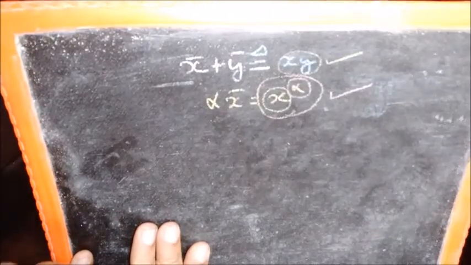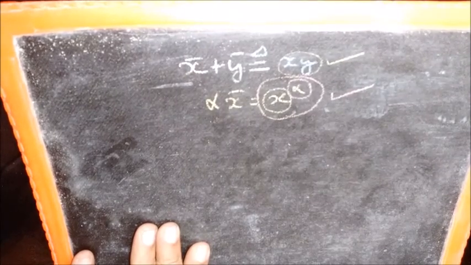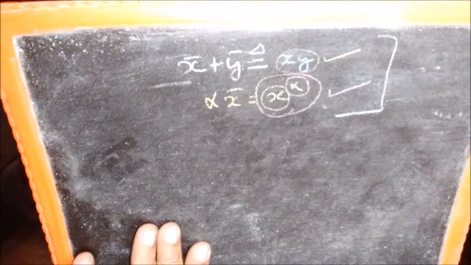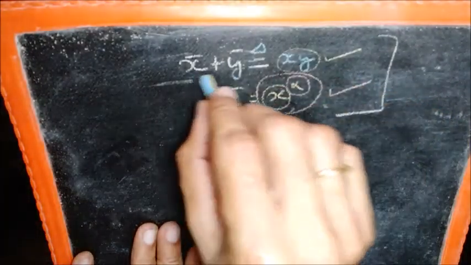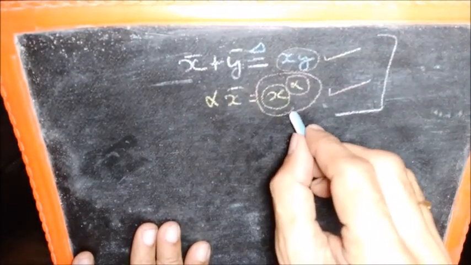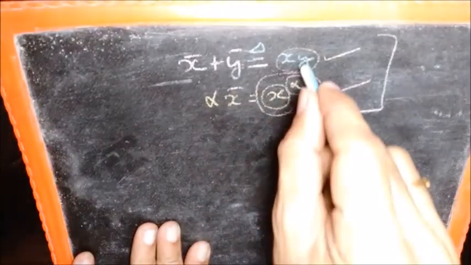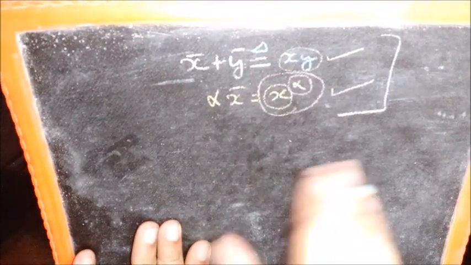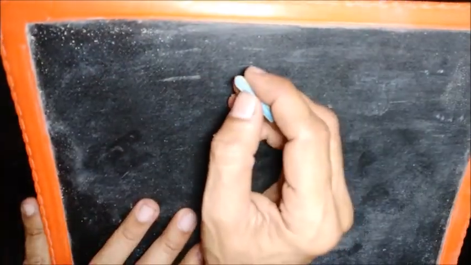So it is closed under vector addition as well as scalar multiplication. That means the result of addition as well as scalar multiplication, the way we have defined it here, gives you a positive real number. Once closure is satisfied, we will check for the other properties.